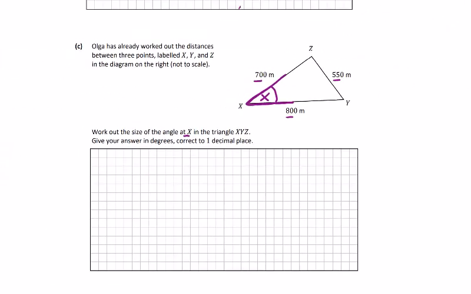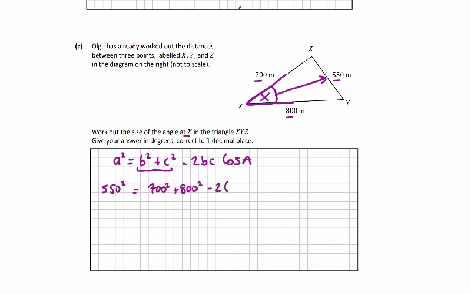So it might be good marks in the exam to write the formula out in full. A squared is equal to B squared plus C squared minus 2BC cos A. And the B and C are the two sides that connect the angle. And A, as we said, is the one opposite. So we have 550 squared is equal to 700 squared plus 800 squared minus twice 700 by 800 by the cos of A. So we could simplify it down, maybe multiplying it out, or we can just leave it like this. I'll get cos A on its own.